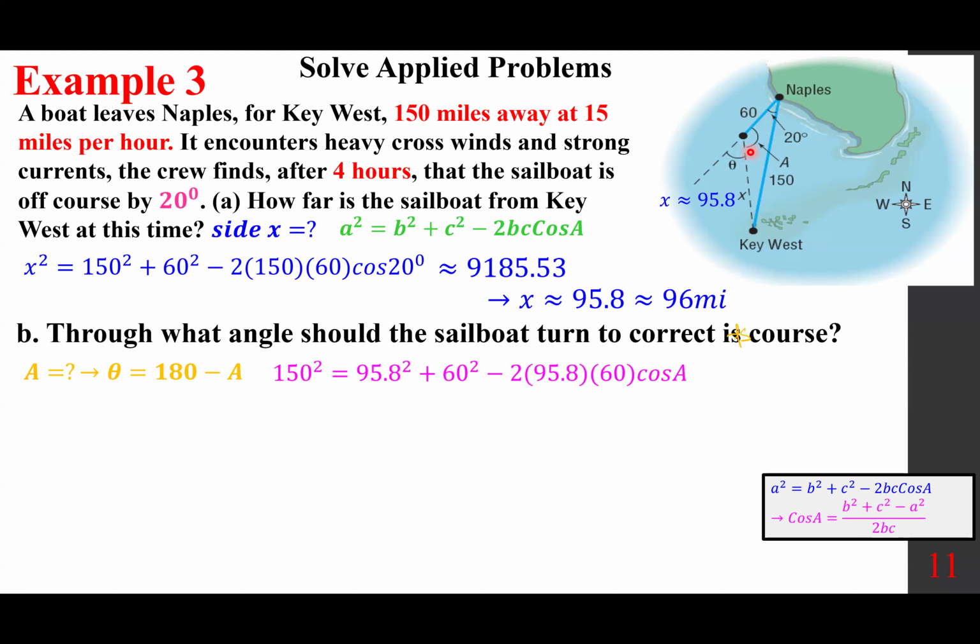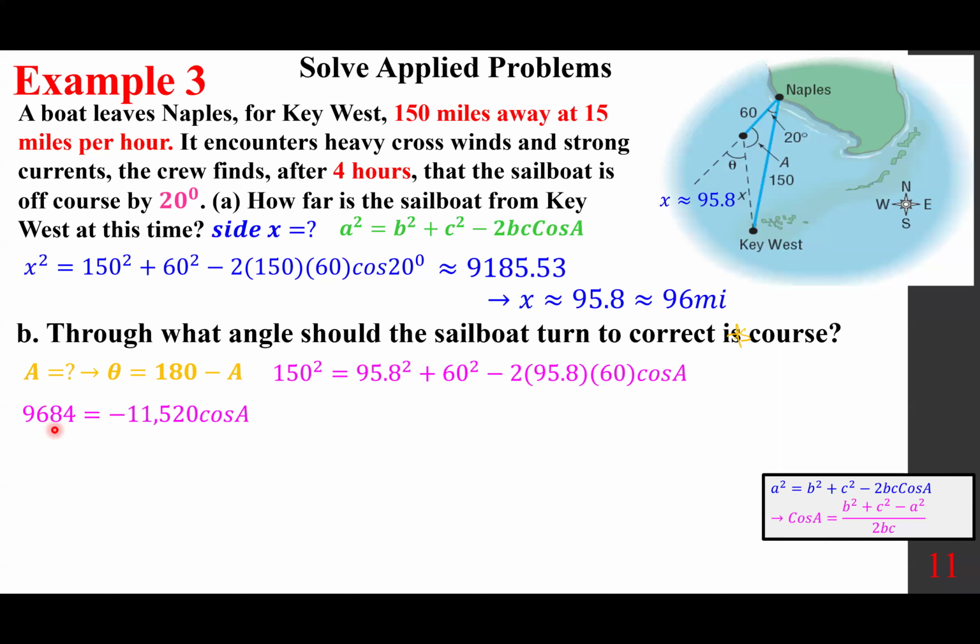So in order to find this one, we use 150 squared on one side, the rest of them on the other. So what happens? We plug in everything. We use a calculator.